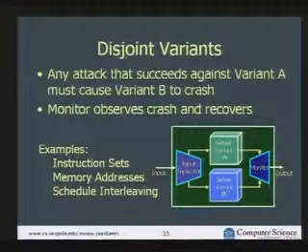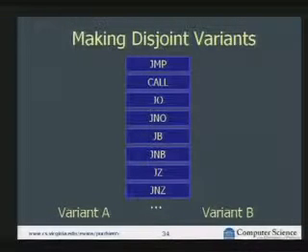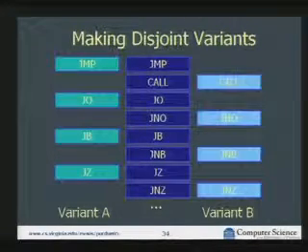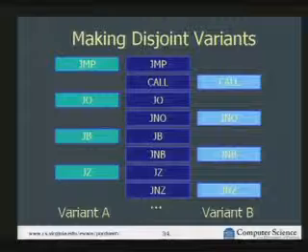Another example is instruction sets. The goal is to make the variants disjoint, and we can take all possible instructions. Here's a set of the instructions in x86, and we could take all the possible instructions and say we're going to take half of the instructions and make them valid on variant A. And we're going to take the other half and make those valid on variant B. Now we need the second property, which says anything that's valid on variant A is going to cause variant B to crash, and vice versa.